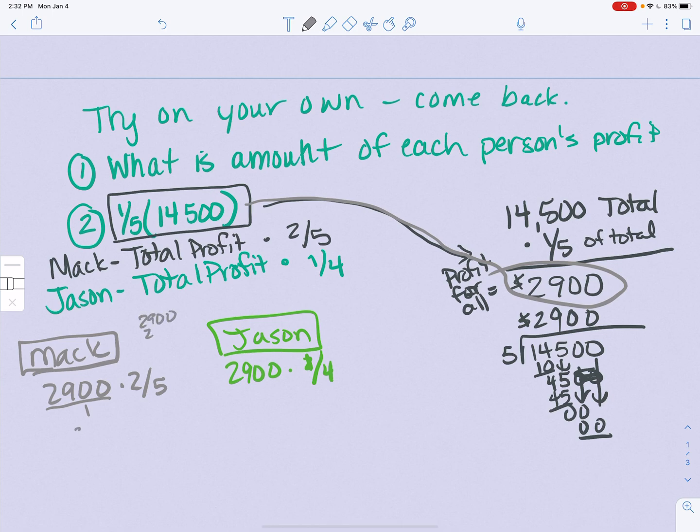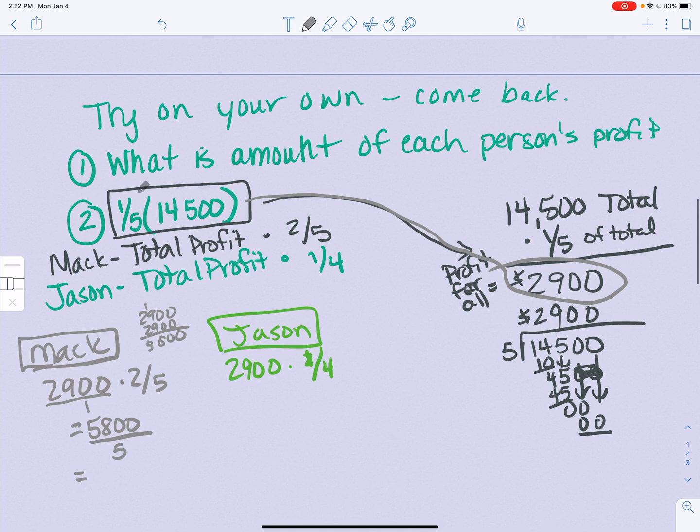Miss Began always makes mistakes if she tries to do things in her head, so she's not going to. 5,800 over 5. All right, so now I have to divide it again. So 5,800 divided by 5, I might be able to do that in my head. You guys should go off to the side. I'm going to do it the right way.